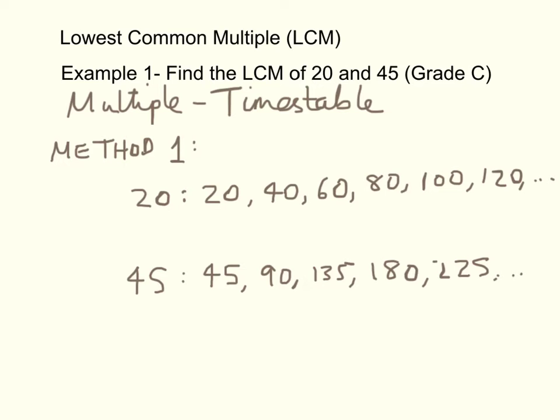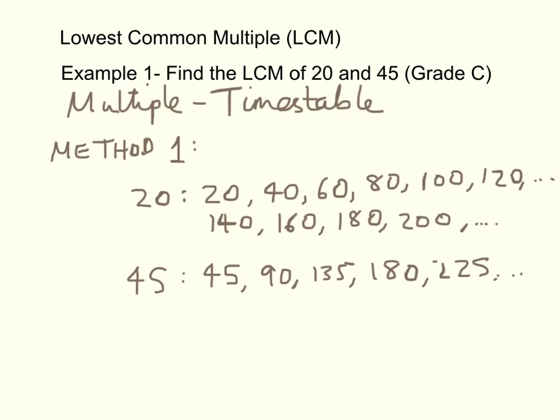and at the moment I have no numbers that go into both of them, so I'm going to carry on with my 20 times table: 140, 160, 180, 200, and it carries on. Now, is there a number that goes into both the 20 times table and the 45 times table?